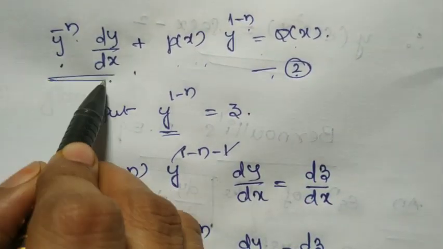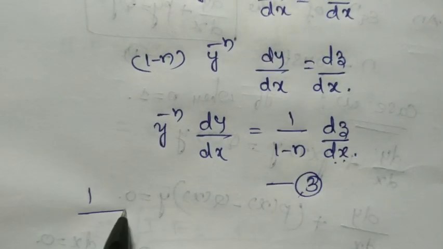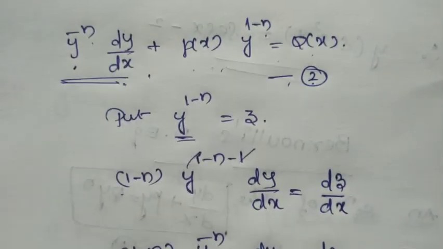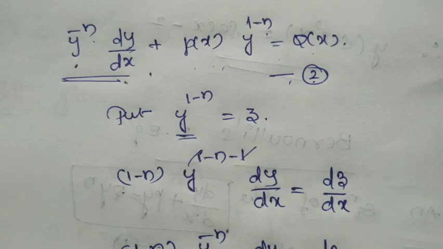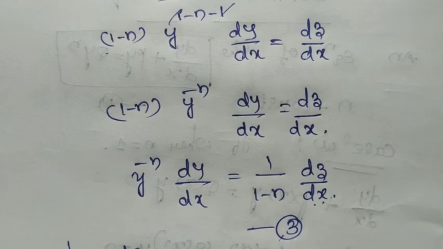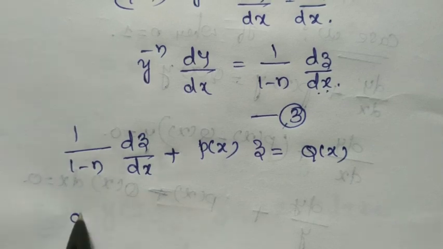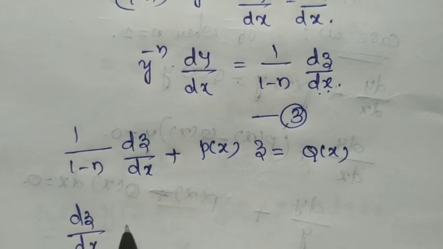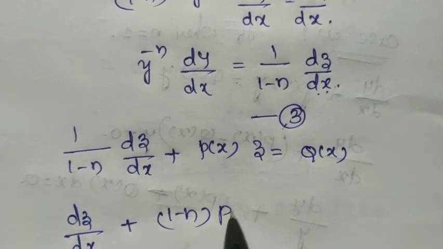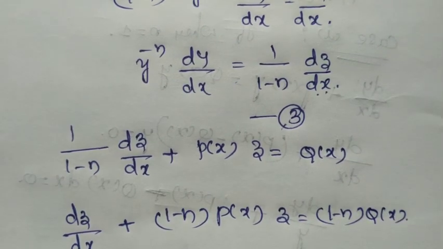In place of y^(-n) dy/dx we put 1/(1-n) dz/dx, plus the next term P(x) y^(1-n), which is z. So 1/(1-n) dz/dx + P(x)z = Q(x), that is dz/dx + (1-n)P(x)z = (1-n)Q(x).